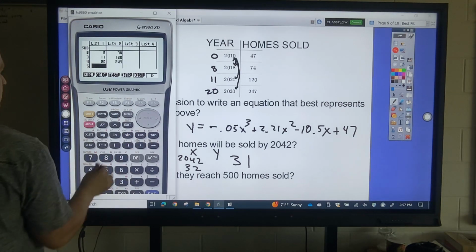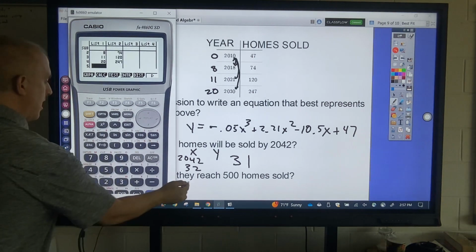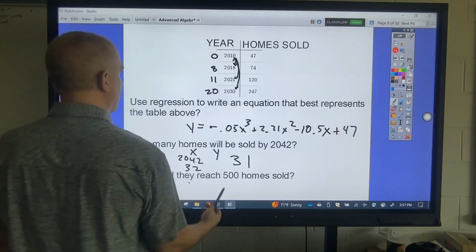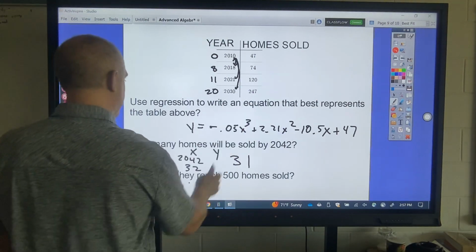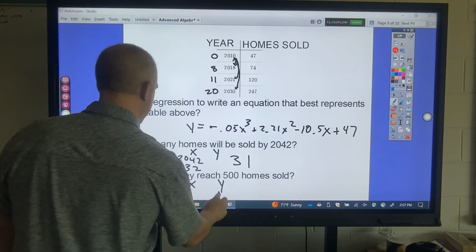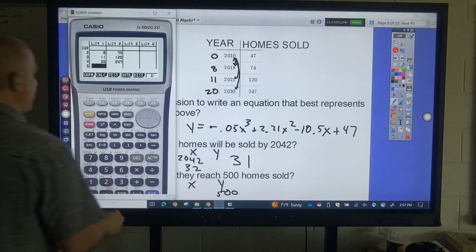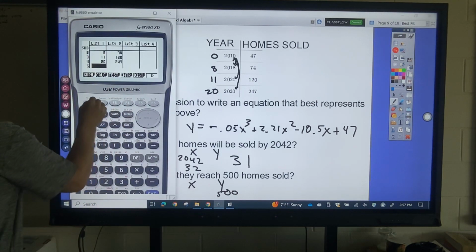And then when will they reach home sales of 500? So I'm going to do an X calculate and put in 500. I don't know if that's going to work.